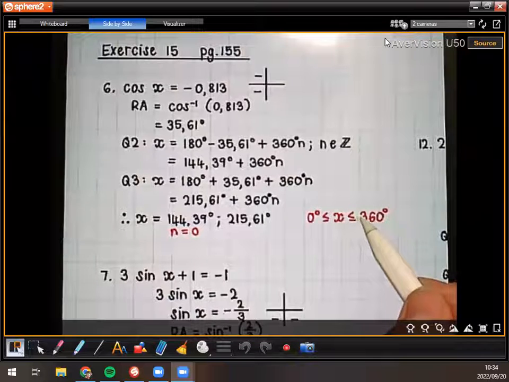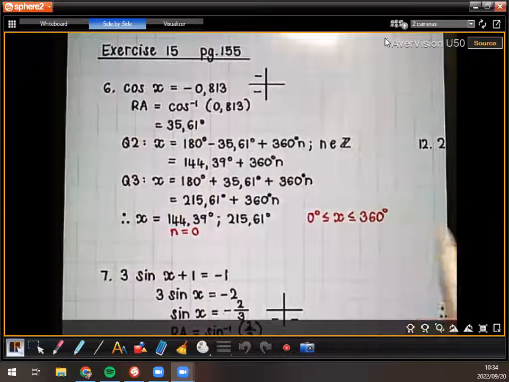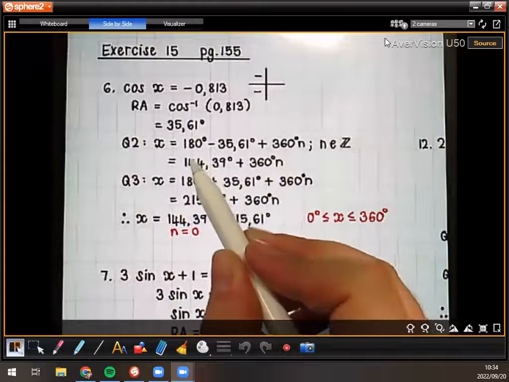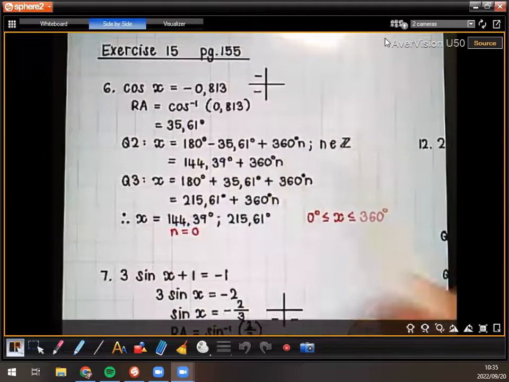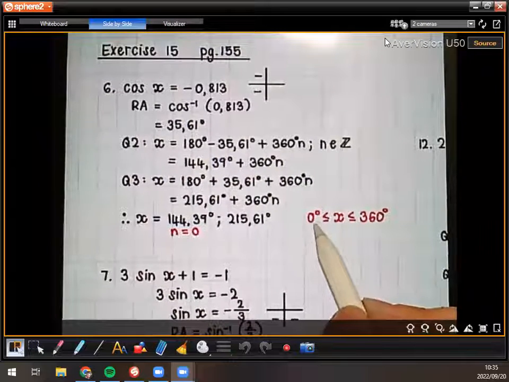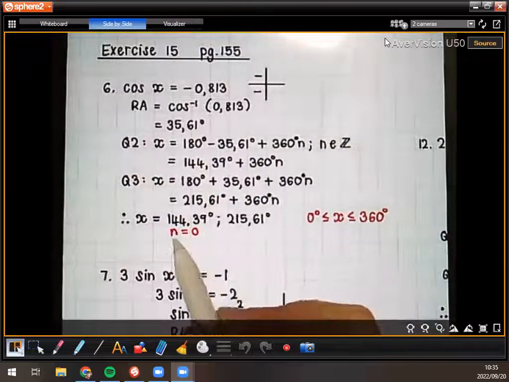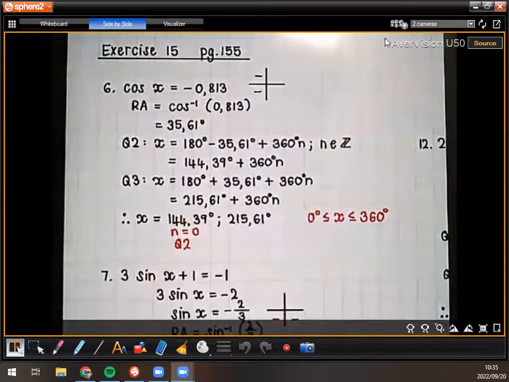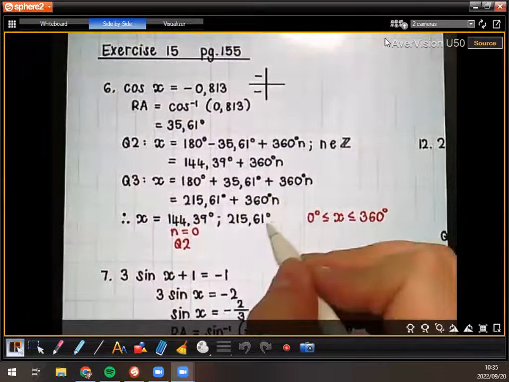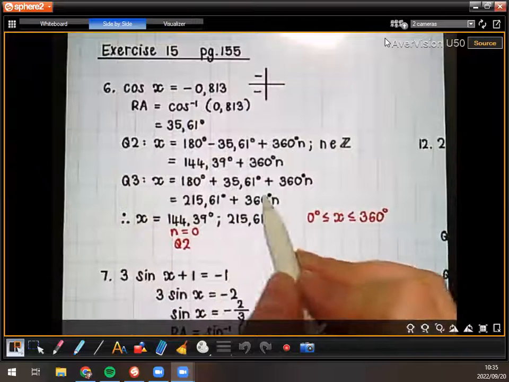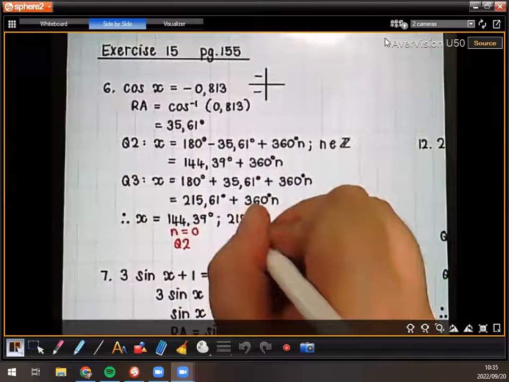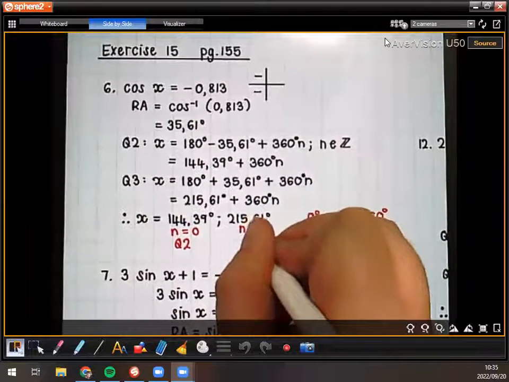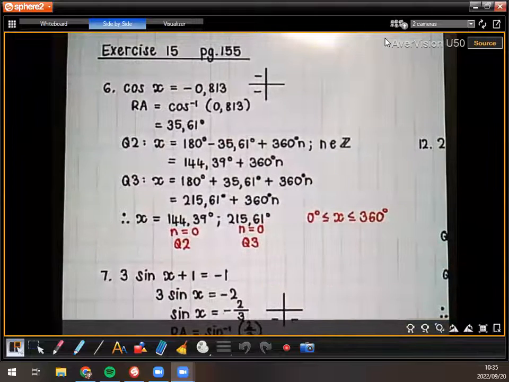So we're also not going to try 2, because 2 will also be bigger. If we try negative 1, we're going to have 144 minus 360, which is a negative number, and we can't have a negative number. So only that one works from the quadrant 2 solution. Nothing to add from the quadrant 2 one. And from the quadrant 3 solution, if I make n equal to 0 here, then that was how I got my second answer.